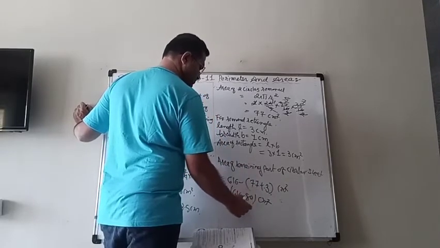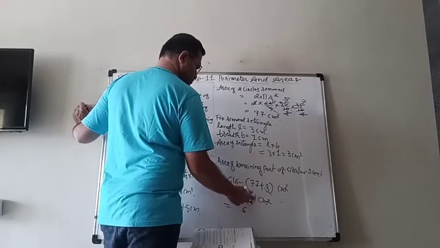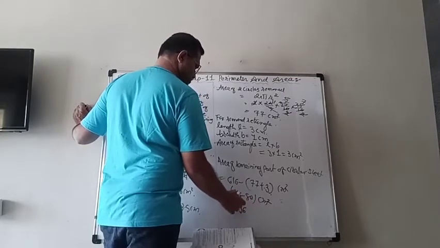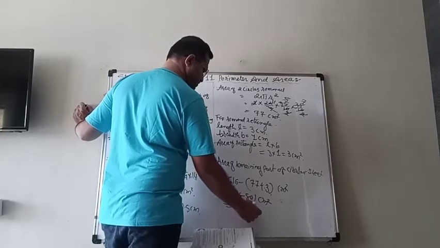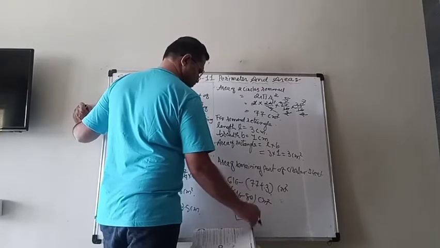So that is 6 minus 0, 6, 11 minus 8, 3, so 536 centimeter square.